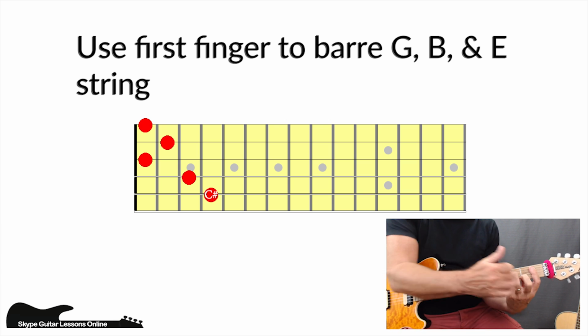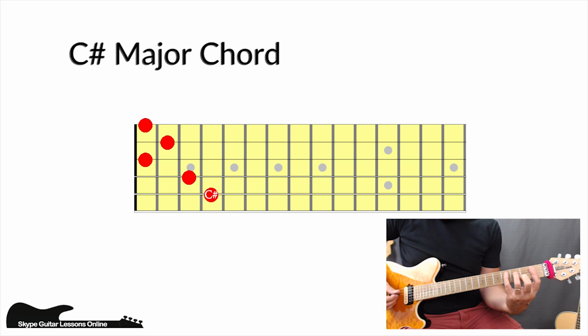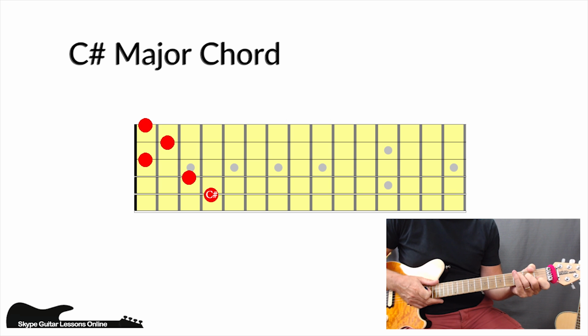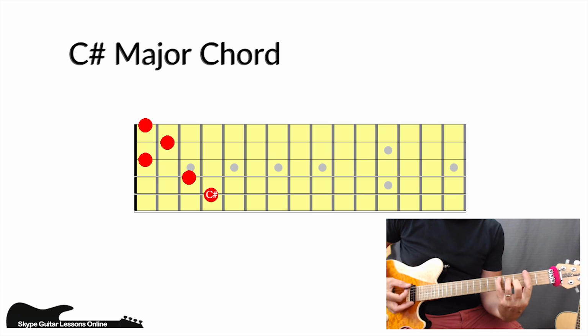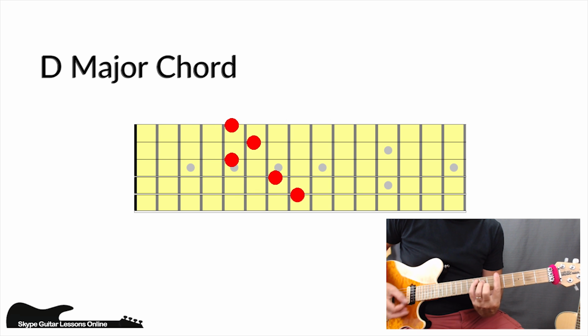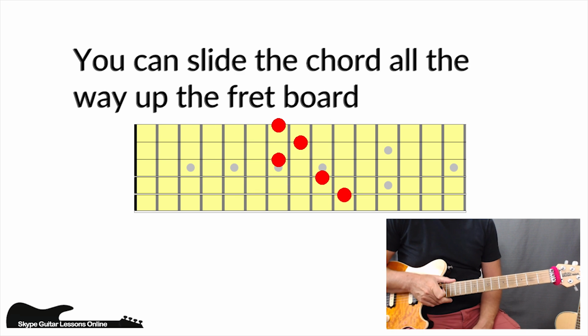So we've still got this formation of a C, but now we've got a root note, which is the C sharp. So we have now got a C sharp chord using that shape of the C. And we can continue moving that forward along the fretboard.